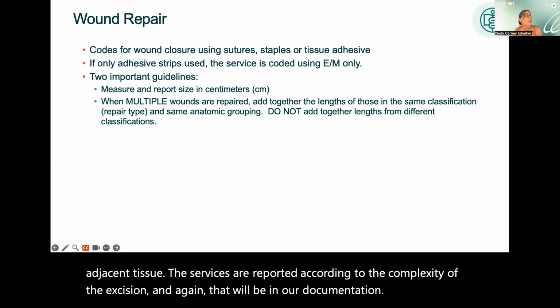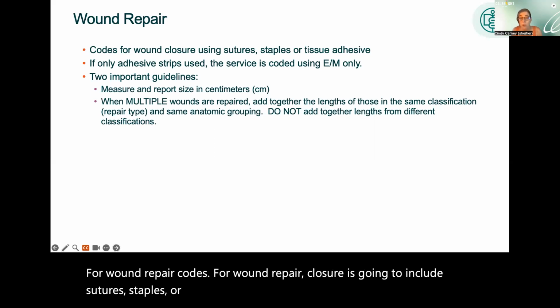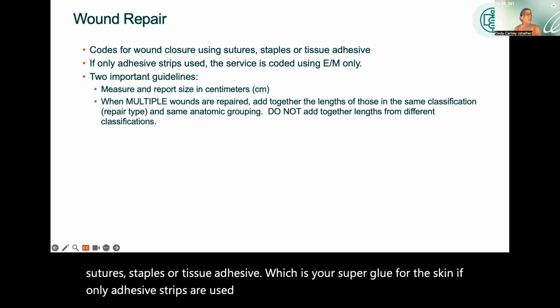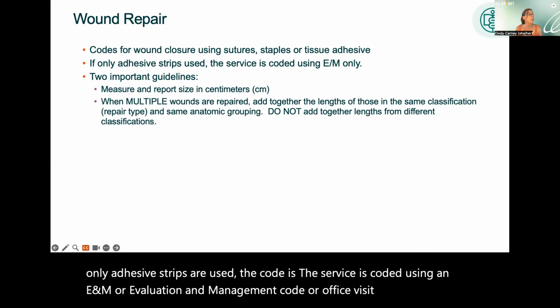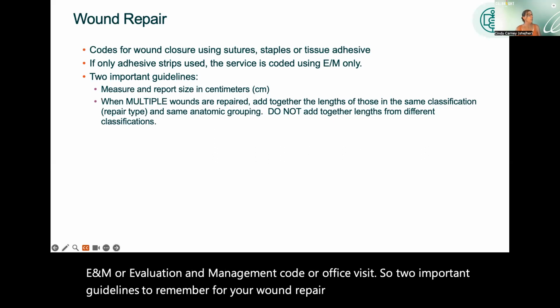For wound repair, closure is going to include sutures, staples, or tissue adhesive, which is your super glue for the skin. If only adhesive strips are used, the service is coded using an E&M or evaluation and management code or office visit. So two important guidelines to remember for your wound repair: measure and report the size in centimeters.